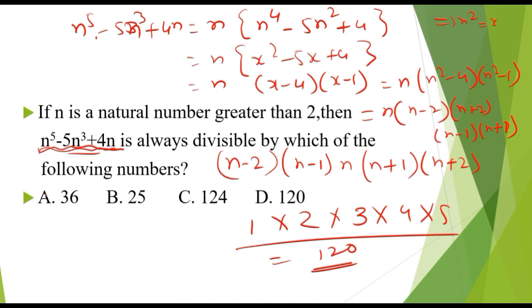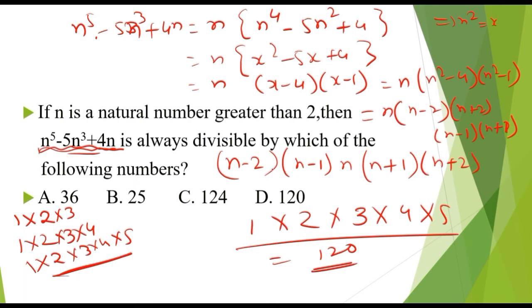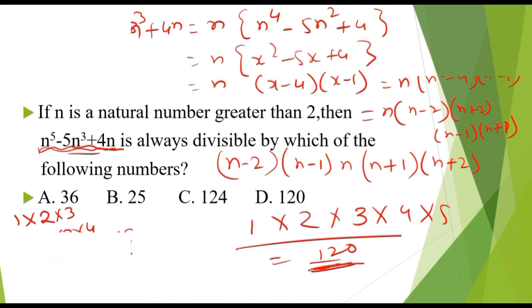If there are 3 consecutive numbers, it will definitely be divisible by 1 into 2 into 3. If there are 4 consecutive numbers, it will definitely be divisible by 1 into 2 into 3 into 4. If there are 5 consecutive numbers, it will definitely be divisible by 1 into 2 into 3 into 4 into 5, and so on. So here, because it has 5 consecutive numbers, it is definitely divisible by 120.